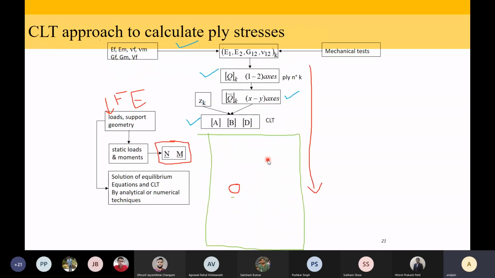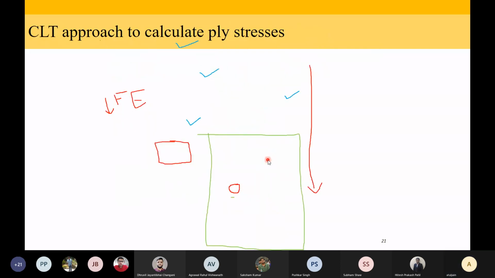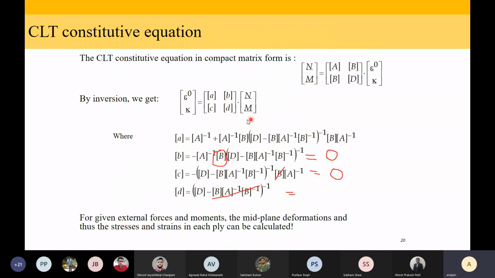Basically, the idea is we are going back a few slides. We will have some relationship between strain and stress. The relationship between strain and stress will give me compliance, and from the compliance I will calculate the Young's modulus. I will calculate the stress in an average sense.